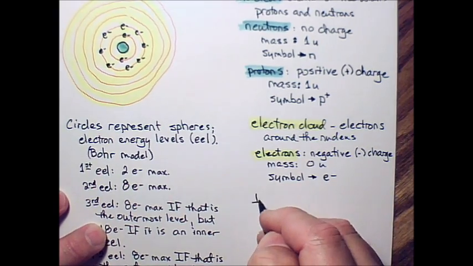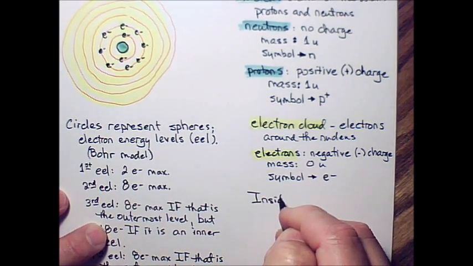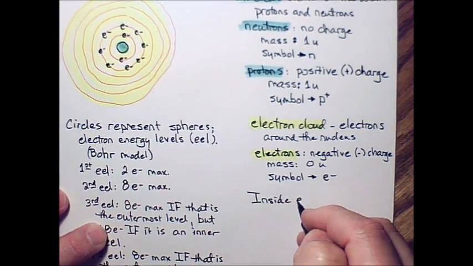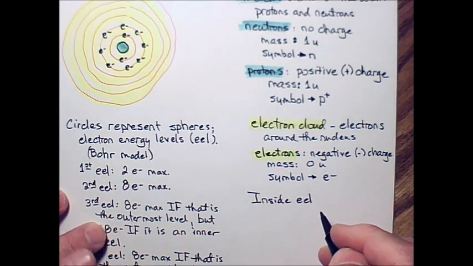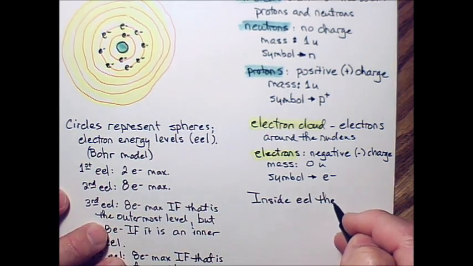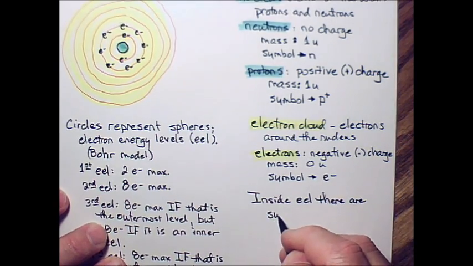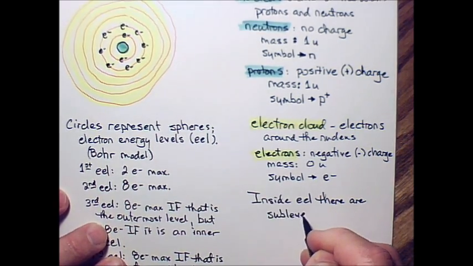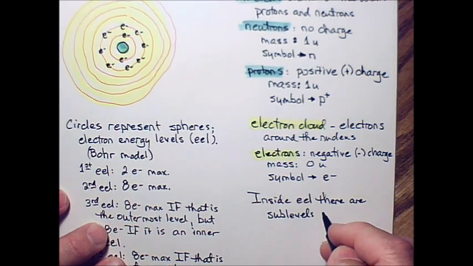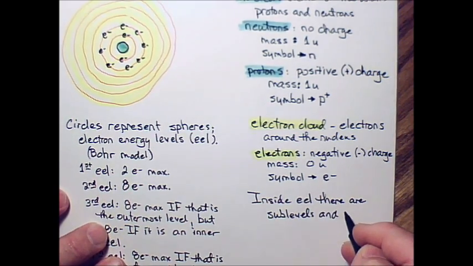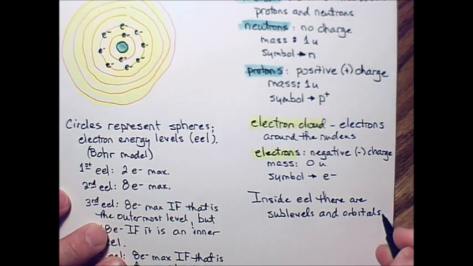So inside these primary energy levels, there are sublevels and something called orbitals. Orbitals.